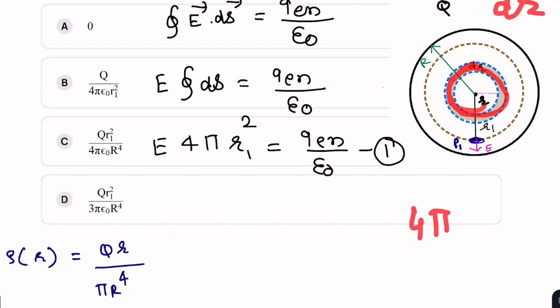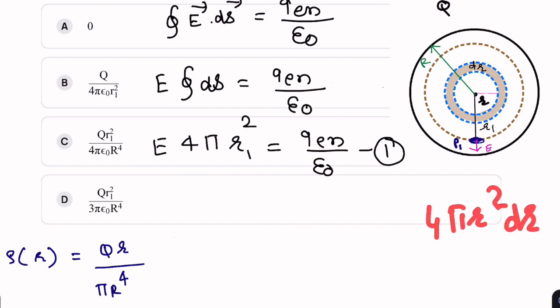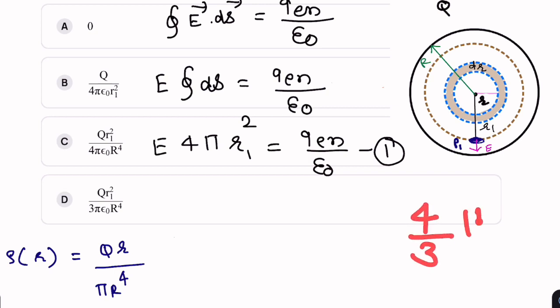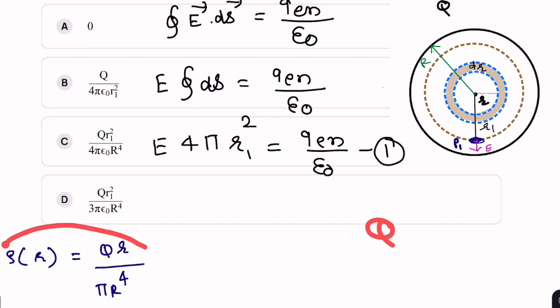The area is 4 pi r square and the thickness dr represents the volume. For solving this type of problem, we will not consider volume as 4 by 3 pi r cube, because the volume charge density changes according to r by the equation Q r by pi R raised to 4.